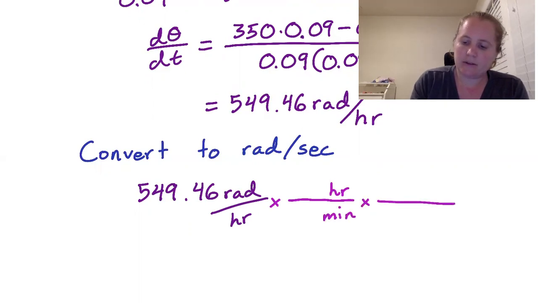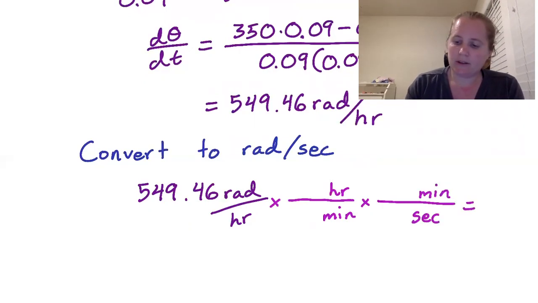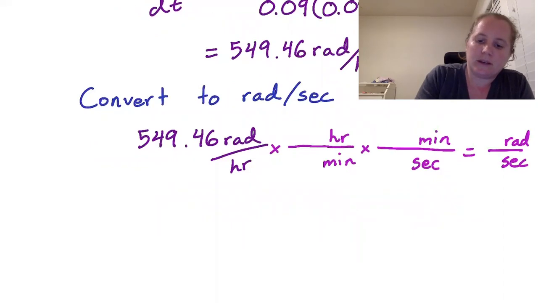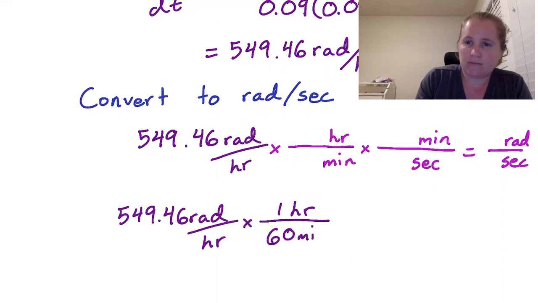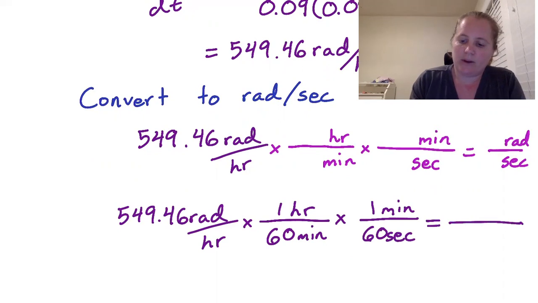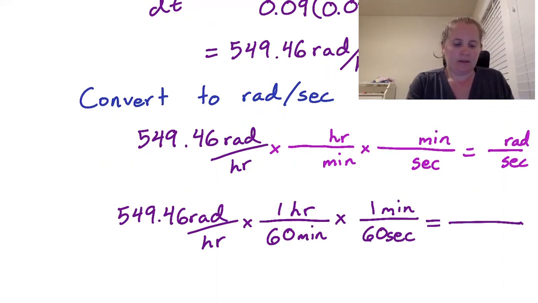And then we do minutes up top to cancel with minutes down below and seconds on the bottom. And this will give us our radians per second. So we have 549.46 radians per hour times 1 hour per 60 minutes times 1 minute per 60 seconds. And we wind up getting 0.15 radians per second.